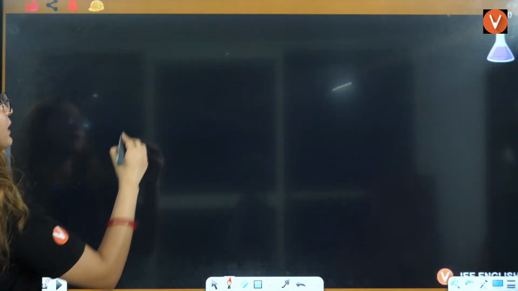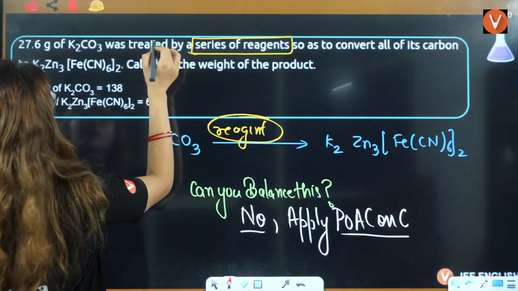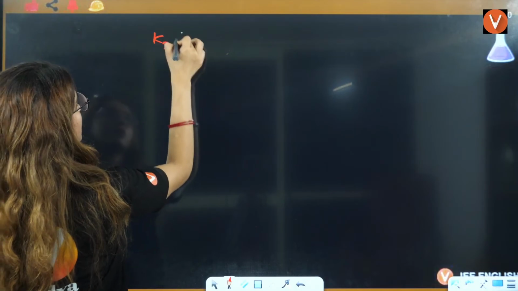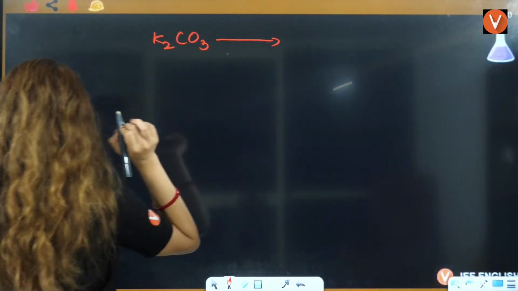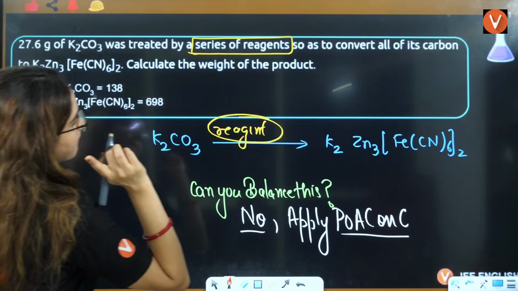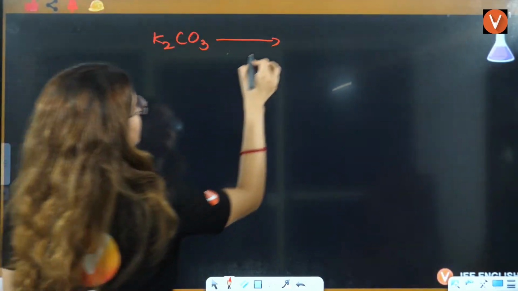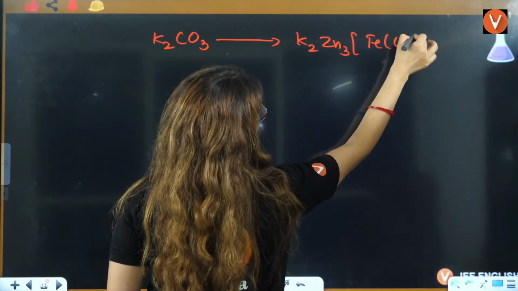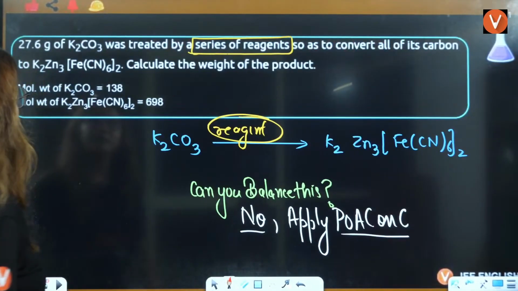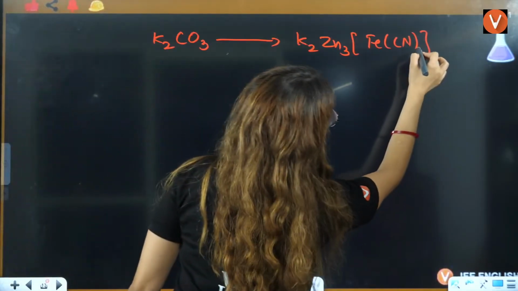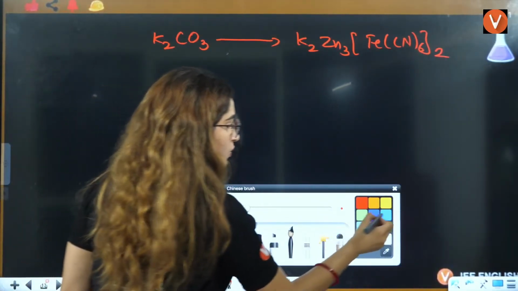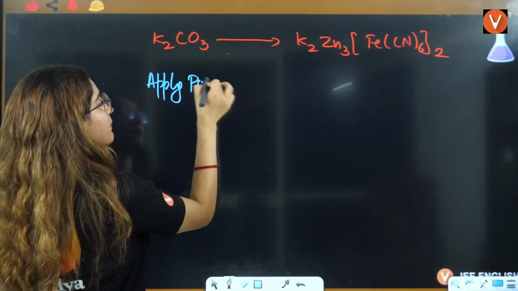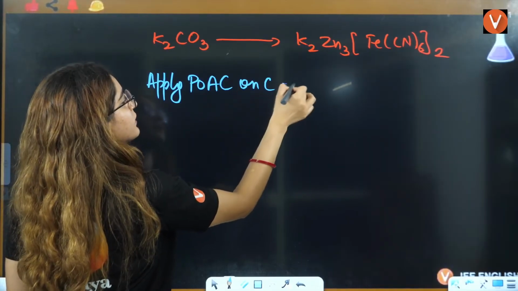Now how to apply POAC? I'll write it there again. That is K2CO3, which gives rise to K2Zn3[Fe(CN)6]2. Now, you have to apply POAC on carbon.